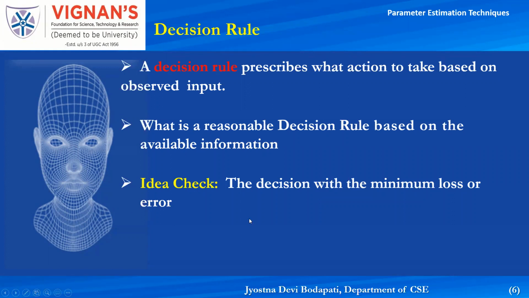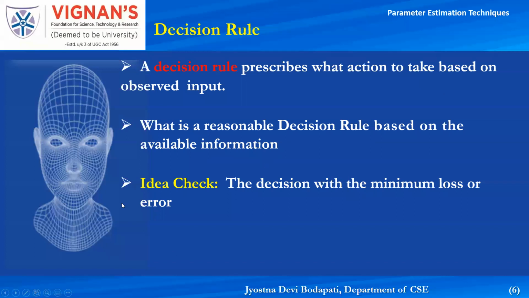Say, for example, in medical image analysis, given the MR image of a person, you should be able to identify whether the person really has a tumor or not. Or if it is present, whether it is a malignant tumor or benign tumor. So that is a kind of decision: what action to take based on the observed input.